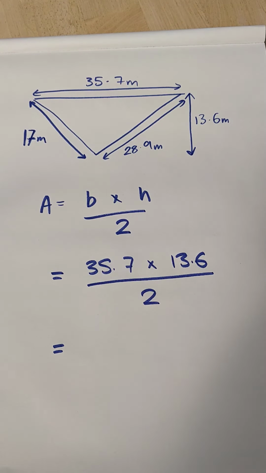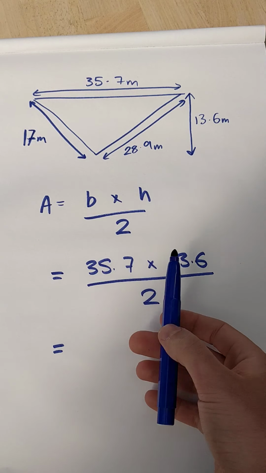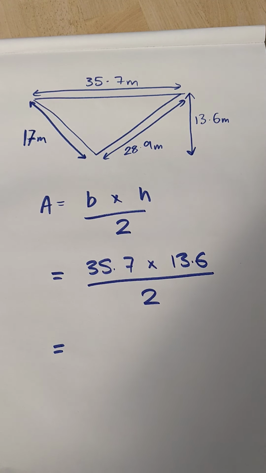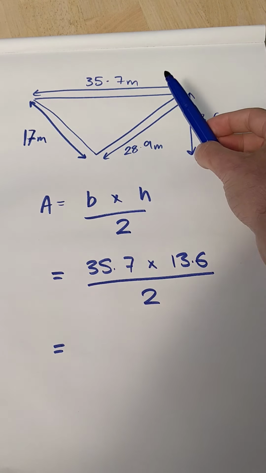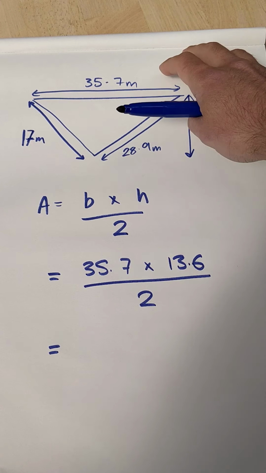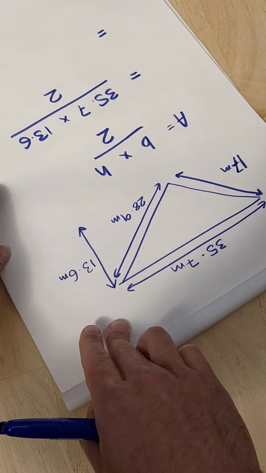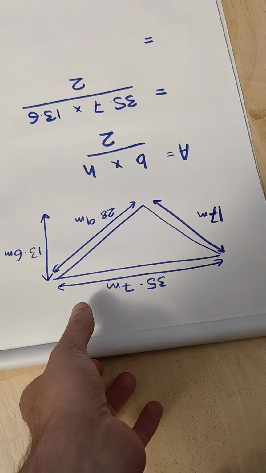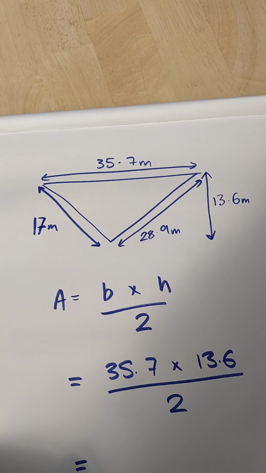And I unfortunately don't have my calculator to hand, but that is the equation that you would have to do. Okay, hopefully that makes it a bit simpler for you, but for ones that look like this and you've no idea what's the base, what's the height, if you rotate it, it might make it a hell of a lot clearer for you. Hopefully that makes it a little bit easier.